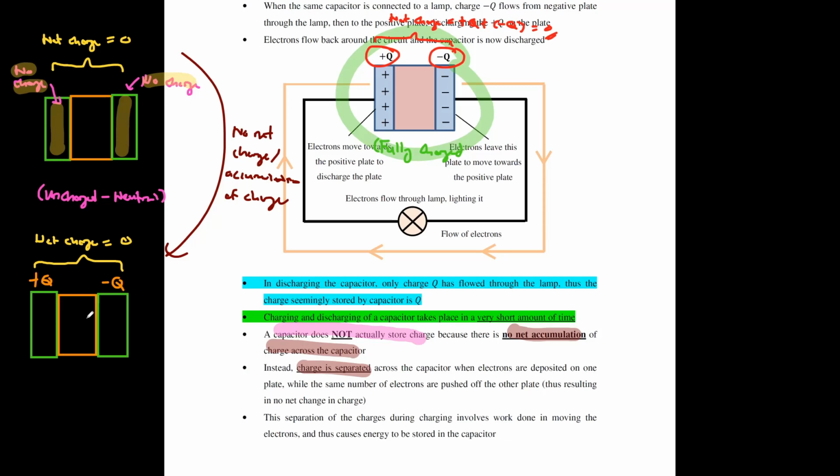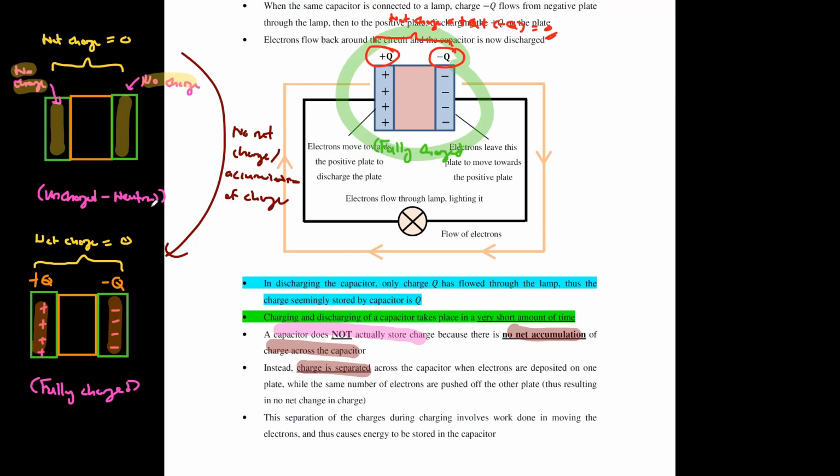But after you have fully charged your capacitor, you now have negative, negative, negative here, positive, positive, positive here. So you now have charges on your plates, but they are separated. One side is negative, one side is positive. This is what we mean by charge separation.